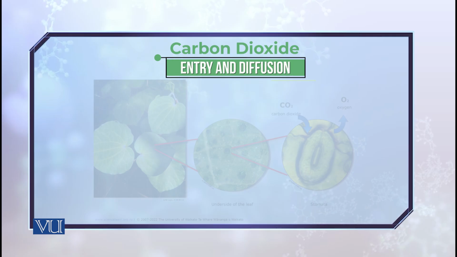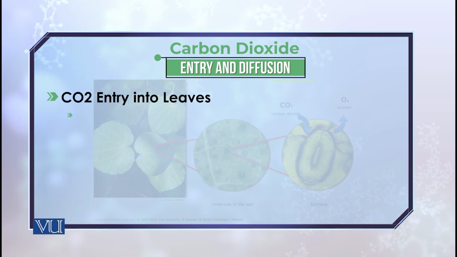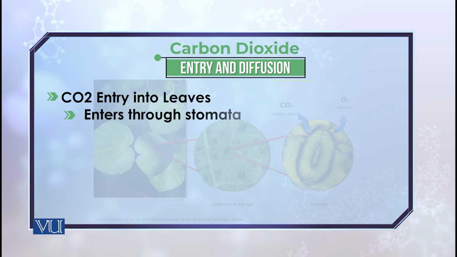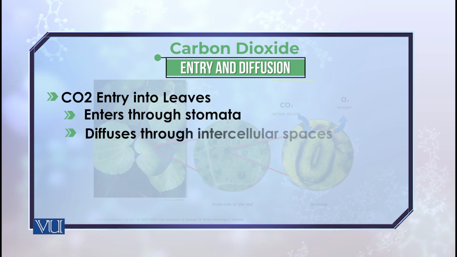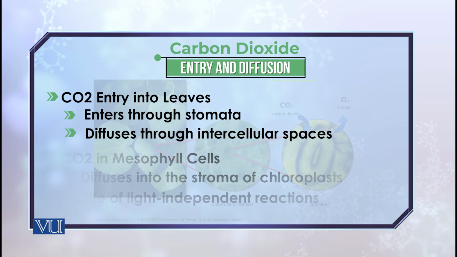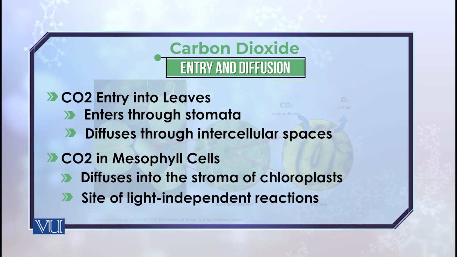The part of the plant which takes carbon dioxide from the atmosphere is of course the leaves. The carbon dioxide enters into the leaves through small openings known as stomata, and then through the process of diffusion it goes into the intercellular space, where these reactions, which will eventually lead to the formation of different compounds, will take place.